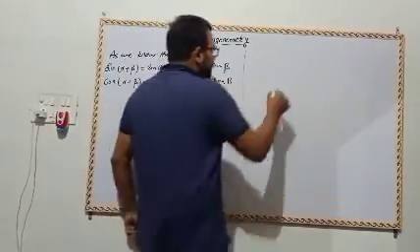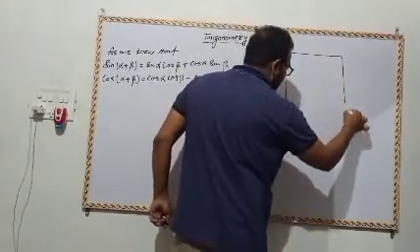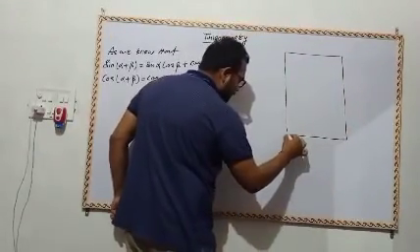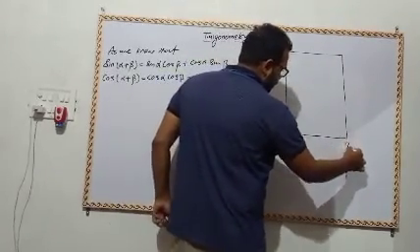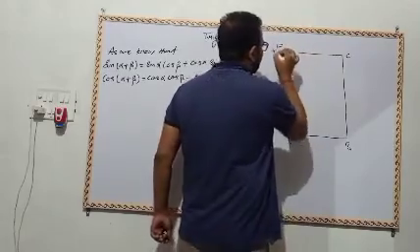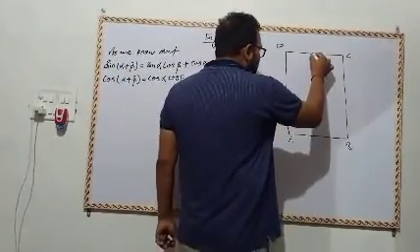Okay, we will make a rectangle. ABCD is a rectangle.